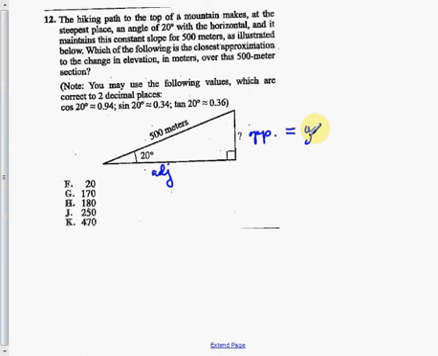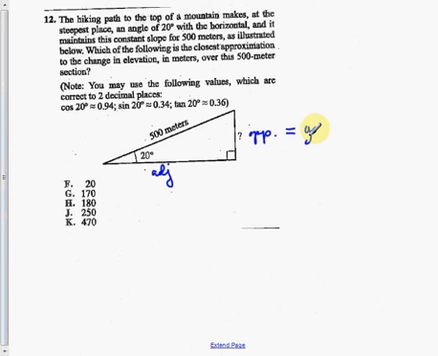The trig of 20 degrees is equal to something using that side over there. Would I use the adjacent side to solve for this? Or would I use 500? Use 500, right? Because that is something that's known.